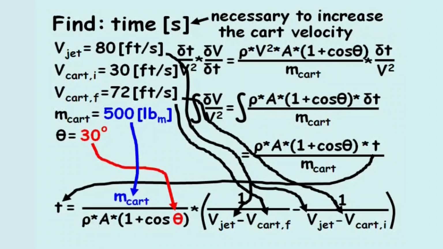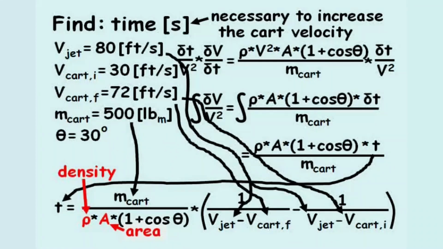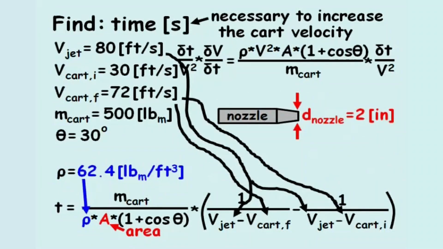The last two variables are the density of the fluid and the area of the hydraulic jet. The density of water is typically assumed to equal 62.4 pounds mass per cubic foot. The area of the jet stream can be calculated since we were given the diameter of the nozzle.